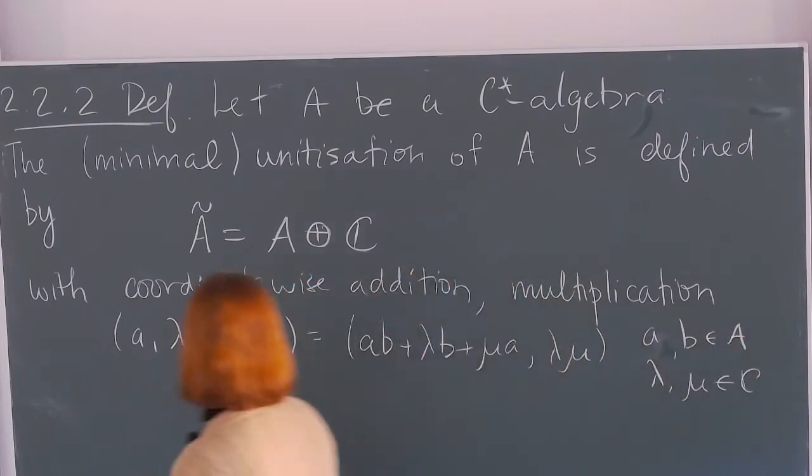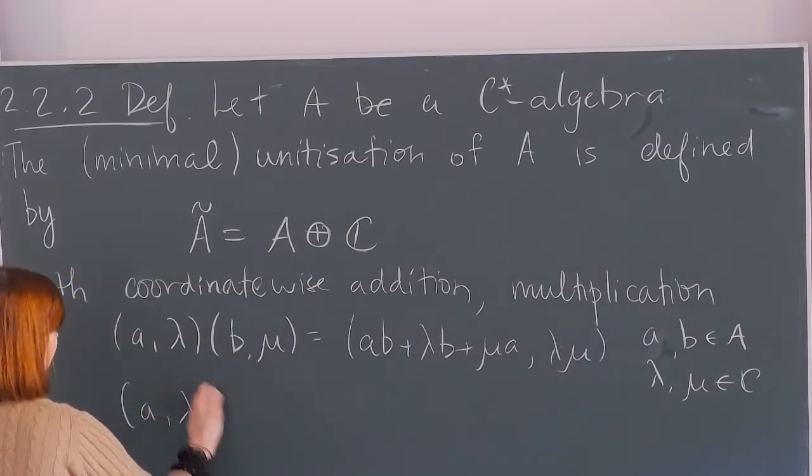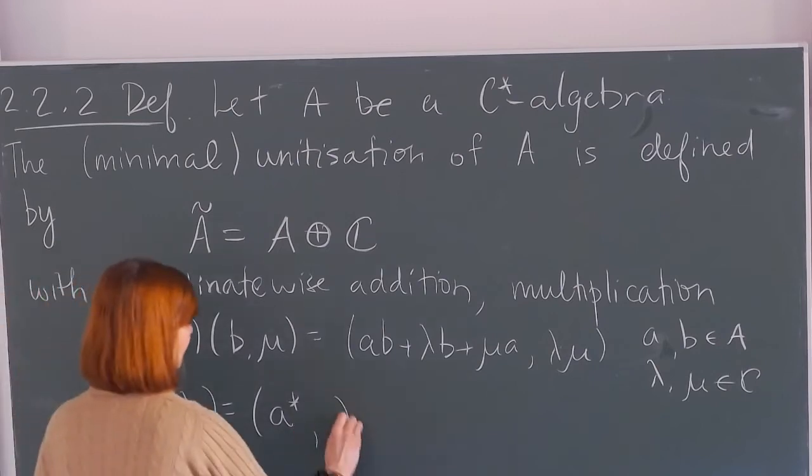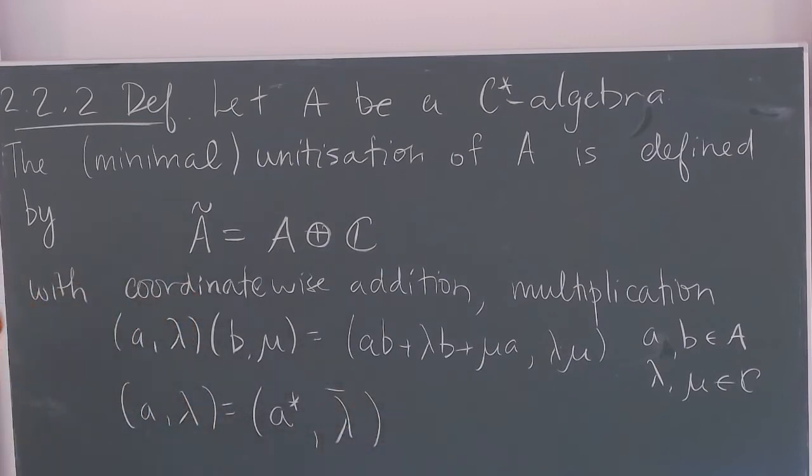And the star, as I said, is just what you would expect. So you just take the star of the first guy, and the star in the complex numbers is just complex conjugation.